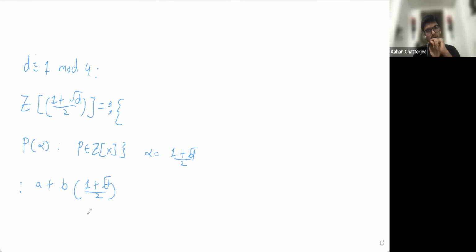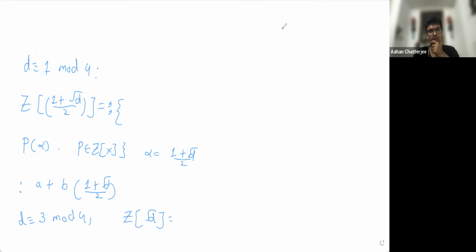So every such thing. Okay. And in the case D is 3 mod 4, this is easier. So you just get Z of root D. This is defined the same way.